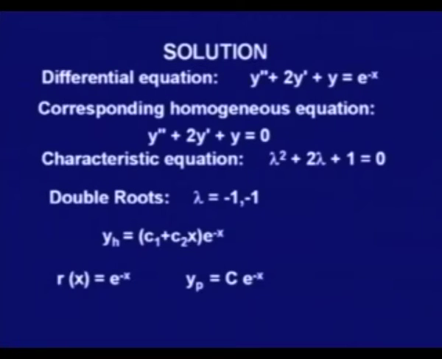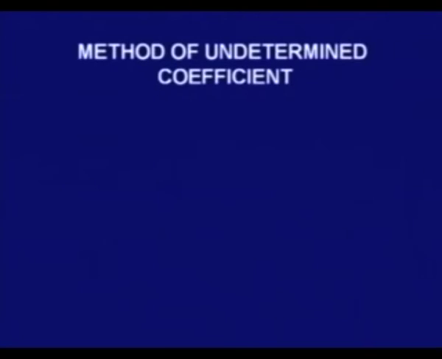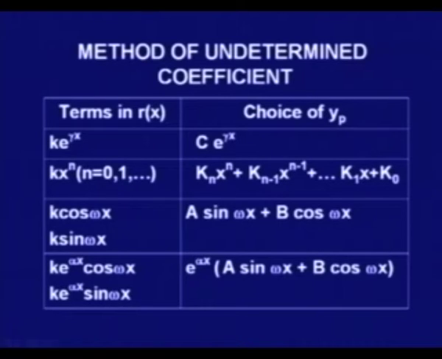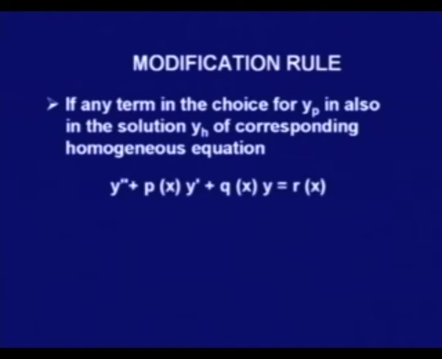So, I am repeating these steps. First, from our table, since I have e^(-x), I would choose c times e^(-x), that is gamma is -1. Since this e^(-x) is a solution of the homogeneous linear equation, we apply the modification rule.